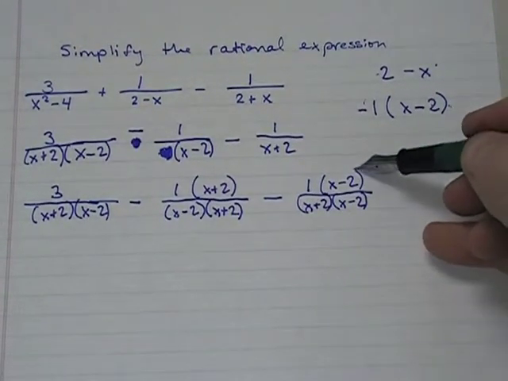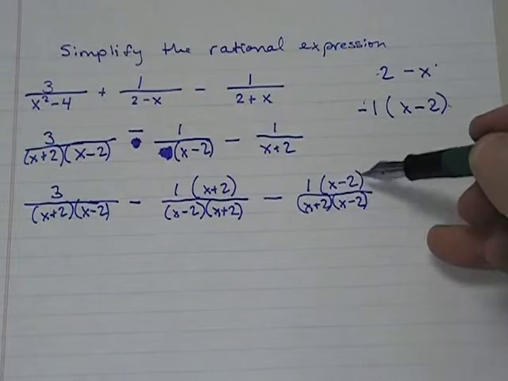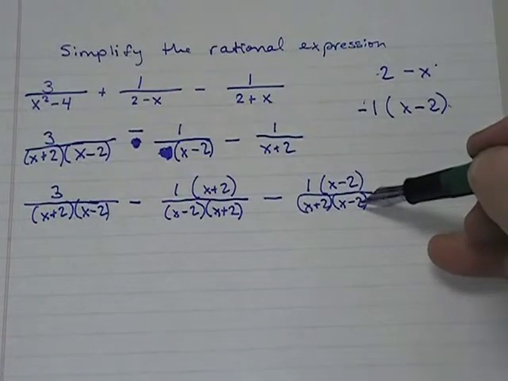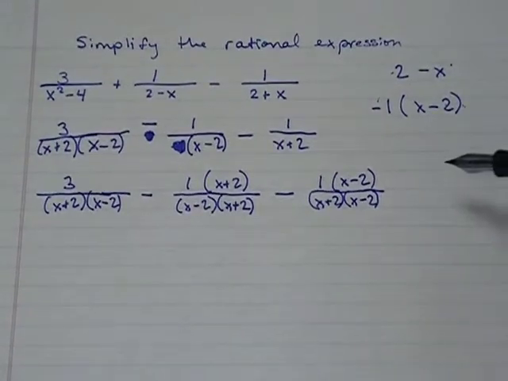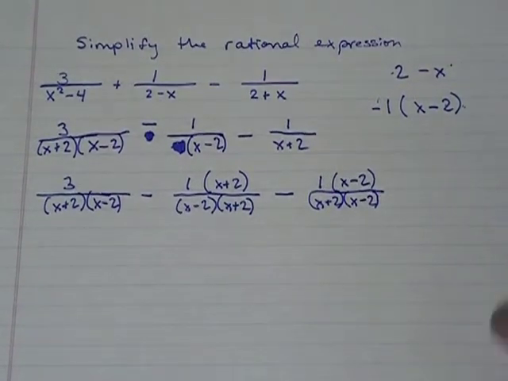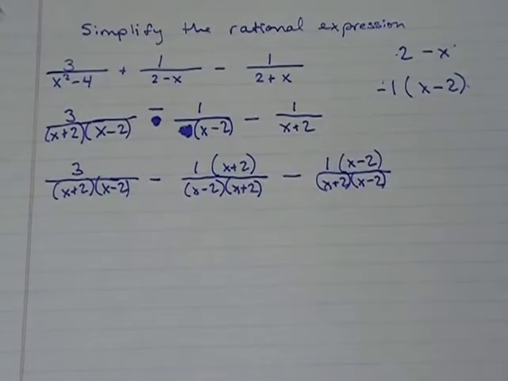Again, multiplied by x minus 2 on the top and the bottom. What this does is it gives me the LCD without changing this fraction, because x minus 2 over x minus 2 is 1. So now all three of these quantities have the LCD, and so we can combine these fractions.